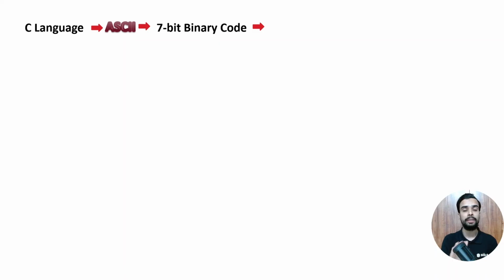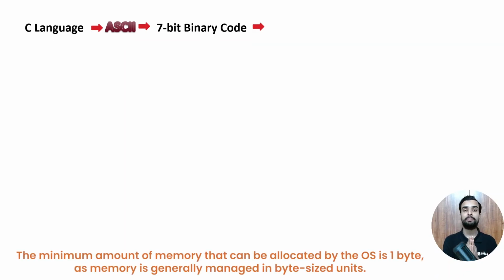It is 100% impossible. Because the minimum amount of memory a computer could allocate for a program would always be 1 byte, nothing but 8 bits. That means, though ASCII happens to be a 7-bit binary code, forcefully in the memory it would be stored as 8 bits with 1 unused bit.